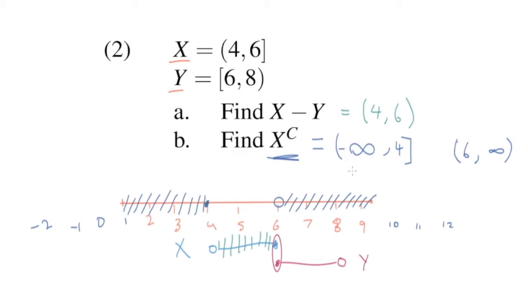And how do we write down the total area? We use the union symbol. So the complement of X will be the interval from -infinity up until 4, including 4, union the interval between 6 and infinity, not including 6.